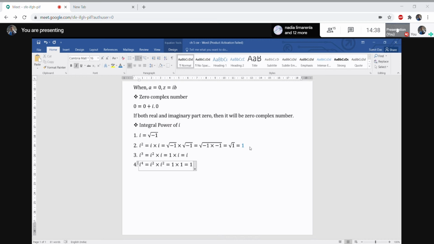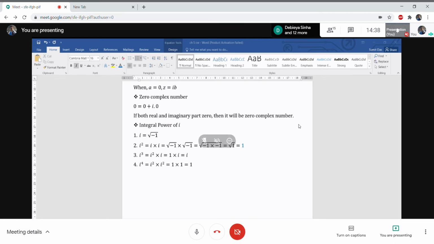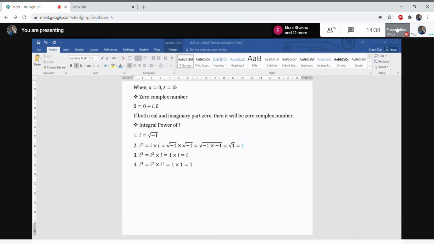Okay, I made one mistake. Can anyone see what mistake I made? Look here. It is square root of -1 into square root of -1.